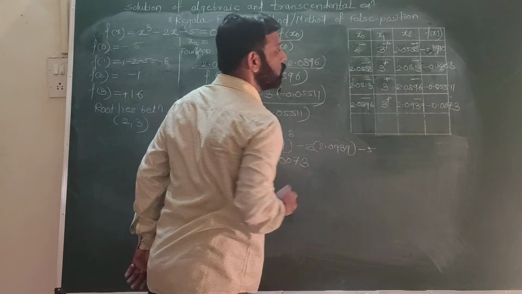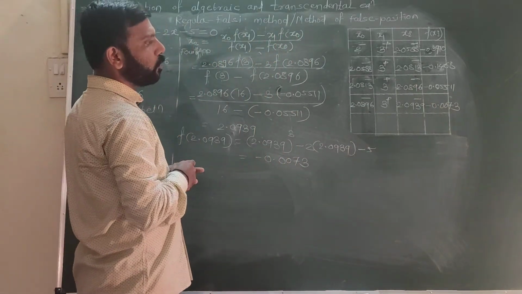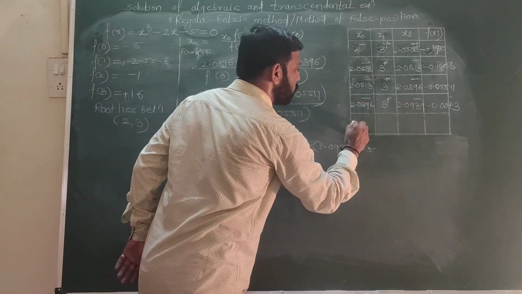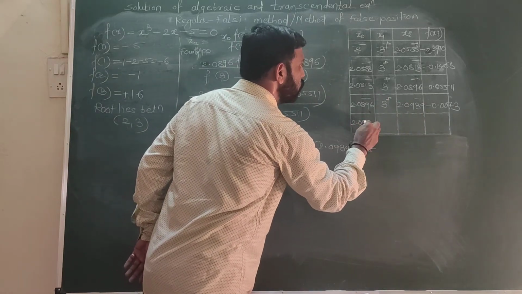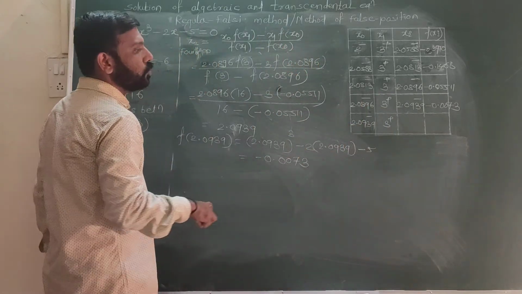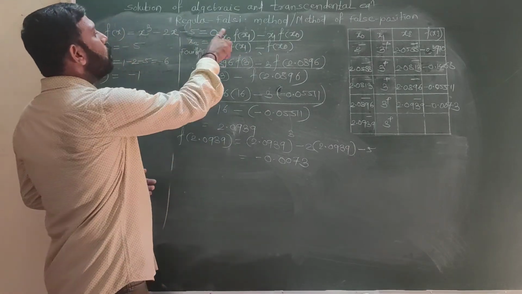That minus sign goes here. So we have completed the fourth approximation. Our next interval becomes minus and plus: 2.0939 and 3. So this becomes our new x0 and x1 values.